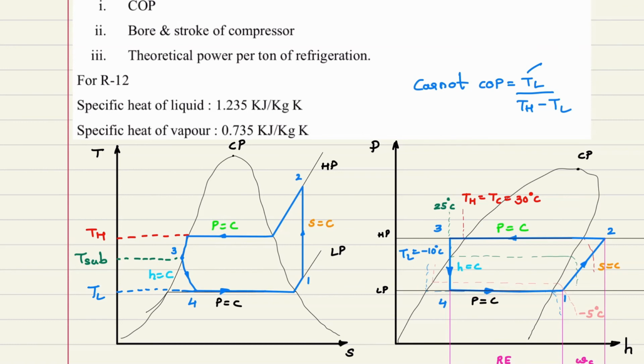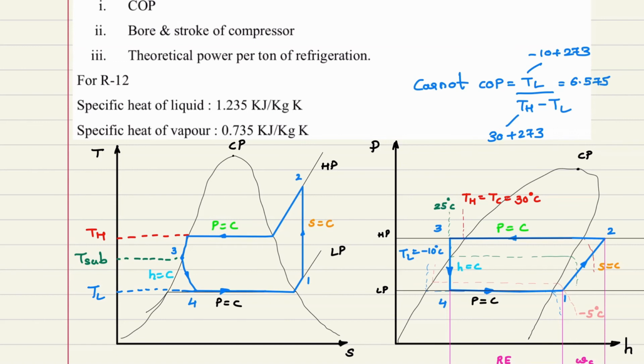So T low is minus 10 plus 273. You have to substitute in Kelvin. Same will be this T low. Okay, and T high value, which is the condenser temperature, it is 30 plus 273. So from here we can calculate Carnot COP. This Carnot COP is around 6.575.